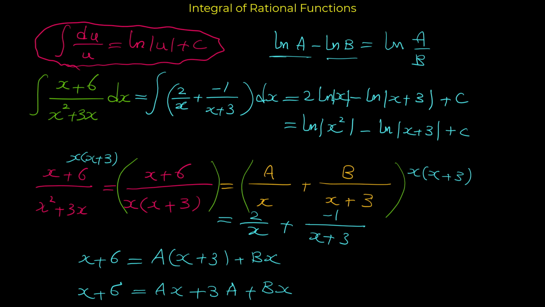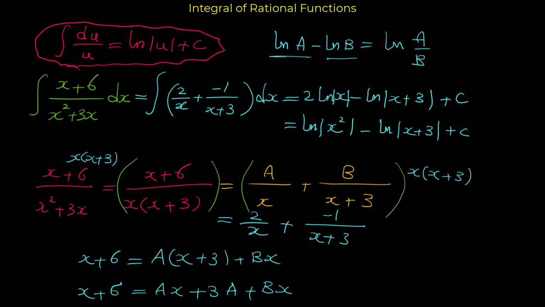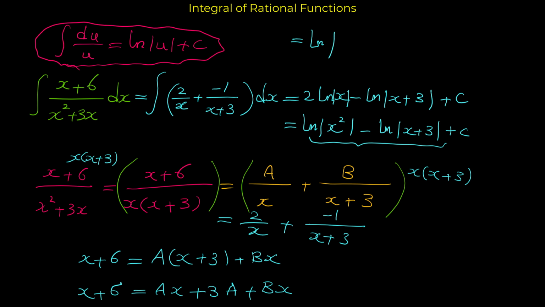If we use this here, this is our a, this is our b, so we can merge these two ln and write them as a single ln. So let me erase here. Our answer can be written as ln of absolute value of x to the 2 over x plus 3, plus c.